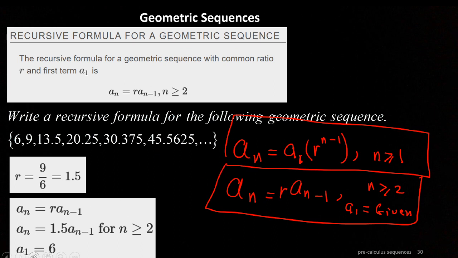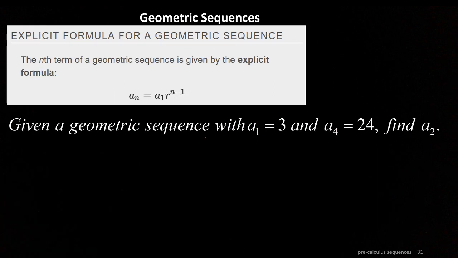All right, so let me clean this up. The nth term of a geometric series is given by explicit form. This is explicit, right? Talked about that already. Given a geometric sequence with that and that, find A2. Okay, so let's use this formula.